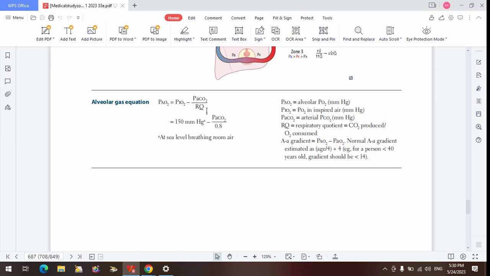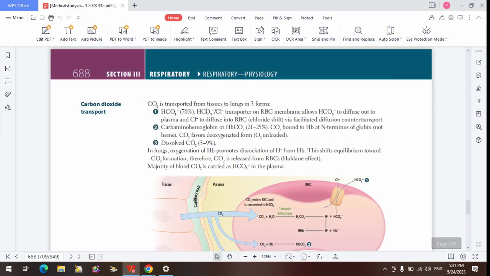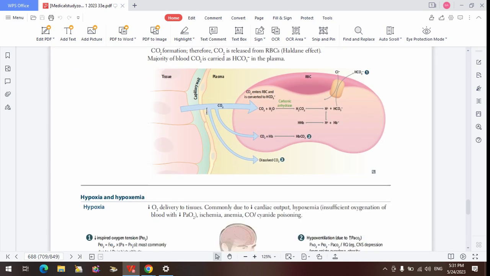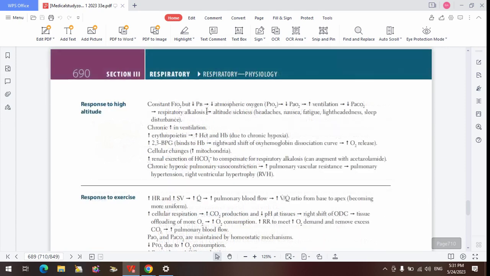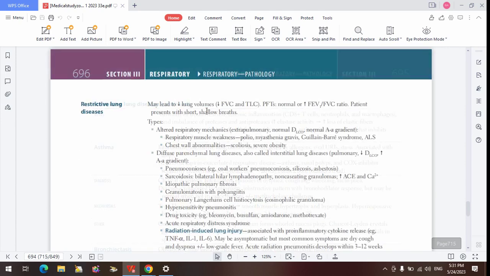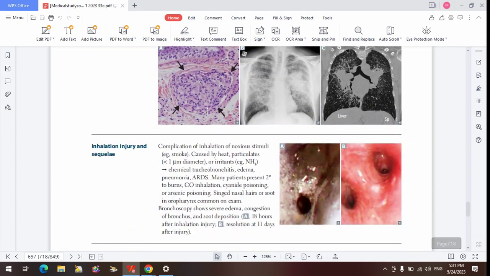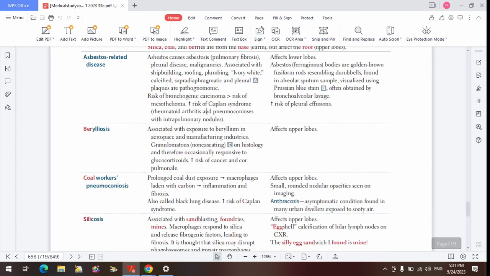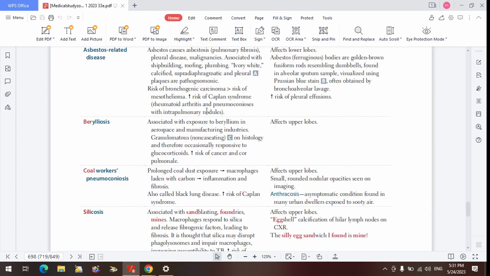You guys remember that day that we mentioned oxygen as being both perfusion limited and diffusion limited? But CO2 is not diffusion limited, it's just perfusion limited, because its diffusion rate is very high. It's 20 times. It diffuses very fast. So that means that even this alveolar stuff cannot stop it from going outside.